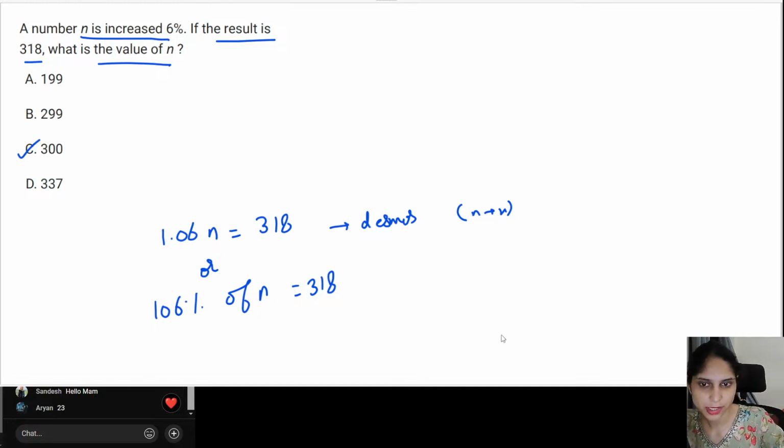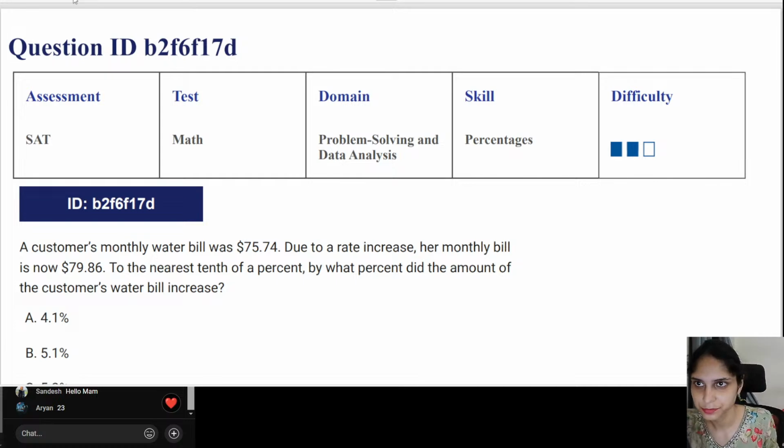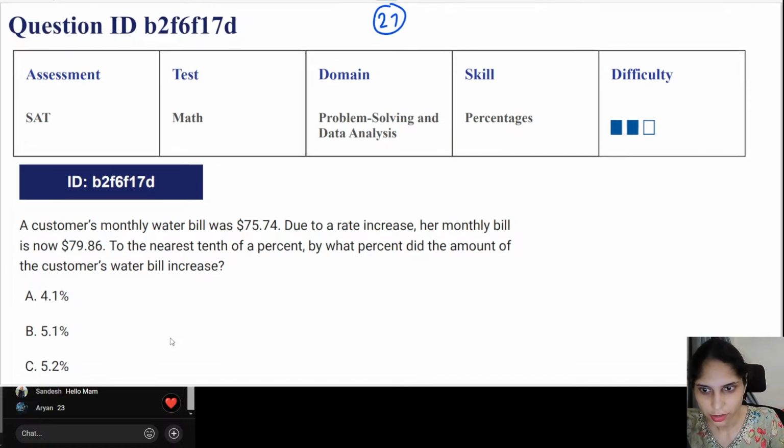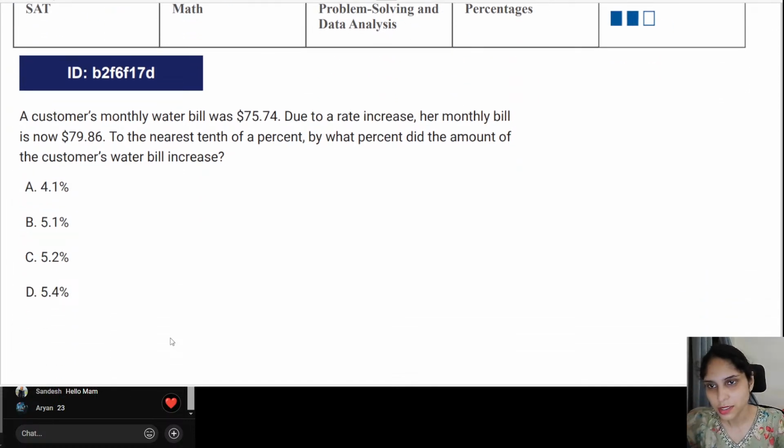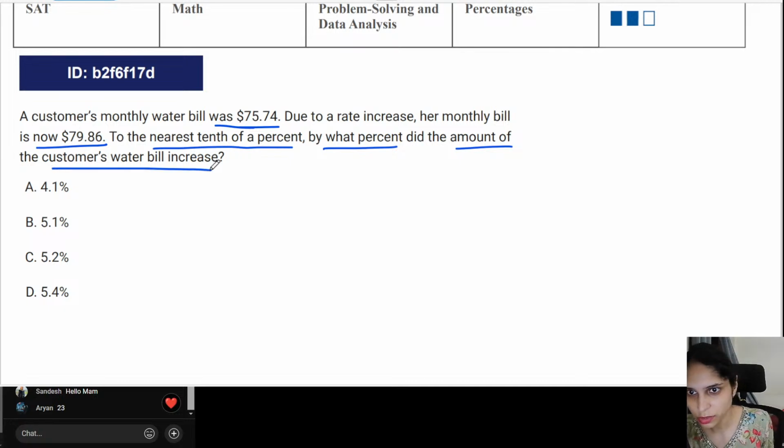Next is question number 27. Same thing over here. A customer's monthly water bill was $75.74. Due to a rate increase, her monthly bill is now $79.86. To the nearest tenth of a percent, by what percent did the amount of customers' water bill increase?